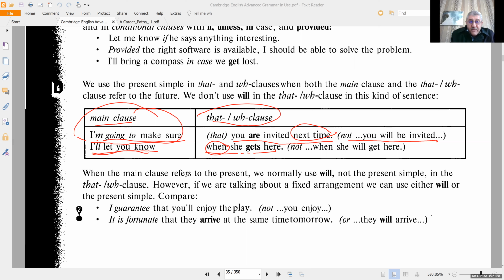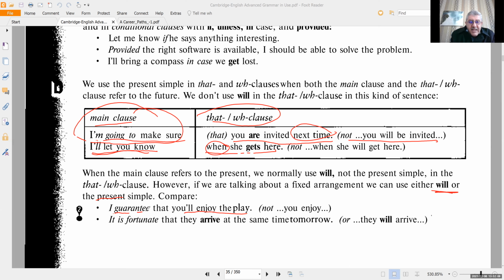When the main clause refers to the present, we normally use will, not the present simple, in that WH clause. However, if we are talking about a fixed arrangement, we can use either will or the present simple. لاحظوا هنا المقارنة ما بين الجملتين. حنشرح الفرق بدل ما نقرأ في القواعد، نشرح الفرق في الجملة في المعنى. I guarantee that you will enjoy the play.